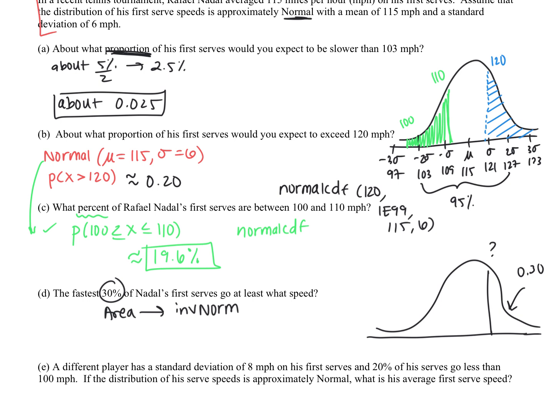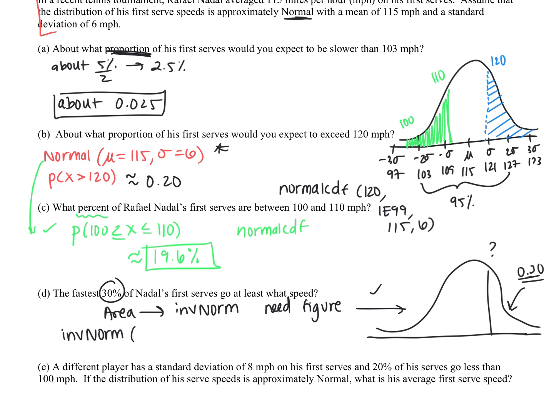So inverse norm, you need the variable definition, which we did, and you need a figure, which we have. So that's great. Now that we have those two, you're going to do inverse norm. And then it depends on how your calculator works. Some of you can put in this upper 30% or this 30% on the right.